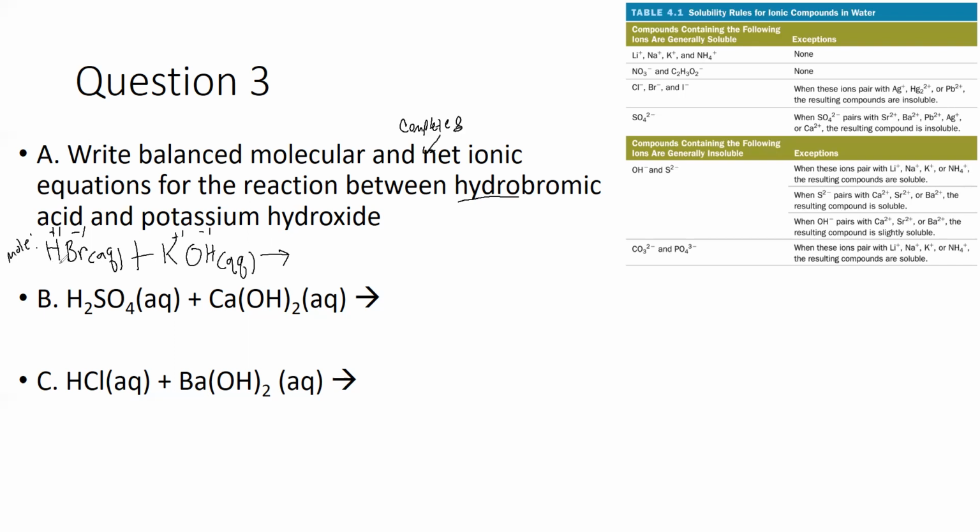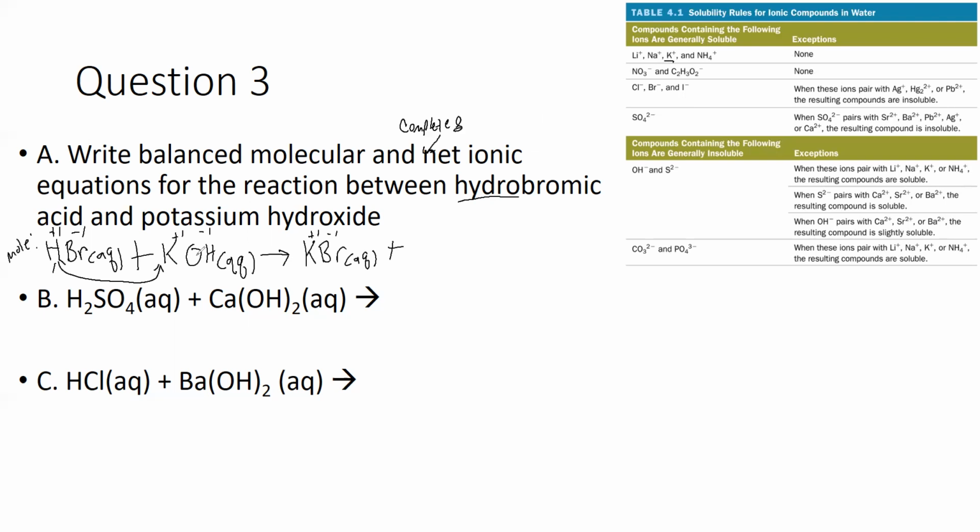And what we need to do is, just like in our solubility rules, swap the cations. So we'll get KBr, again, +1, -1, so it's balanced. And we go to our solubility rules table, and we see K is soluble, no exceptions, so that's aqueous.